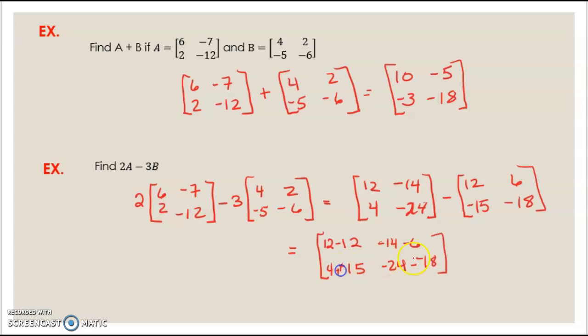That sign would change, and those signs would change. So you would have 12 minus 12, which is 0. Negative 14 minus 6, which is negative 20. 4 plus 15, which is 19. And negative 24 plus 18, which is negative 6. And that's how you work it.